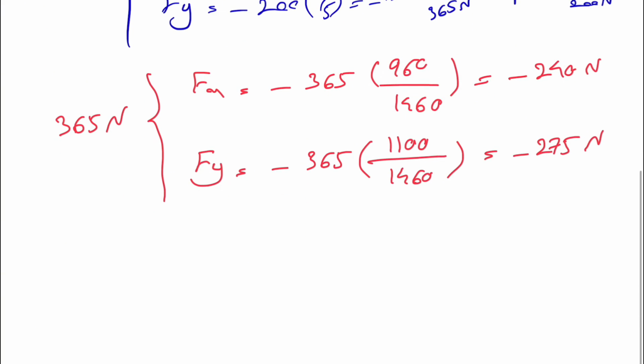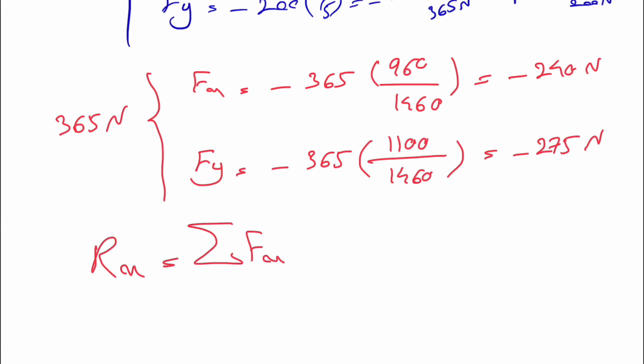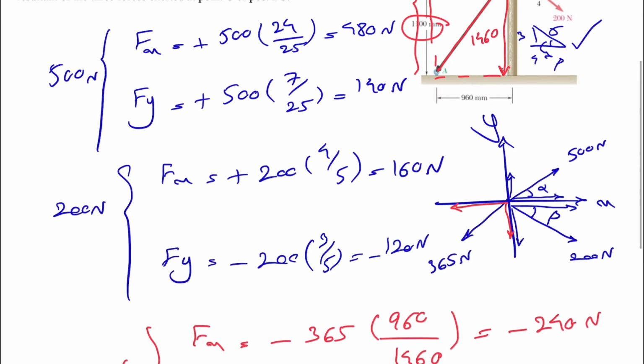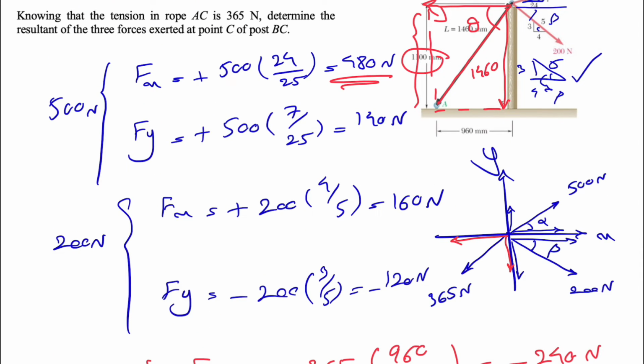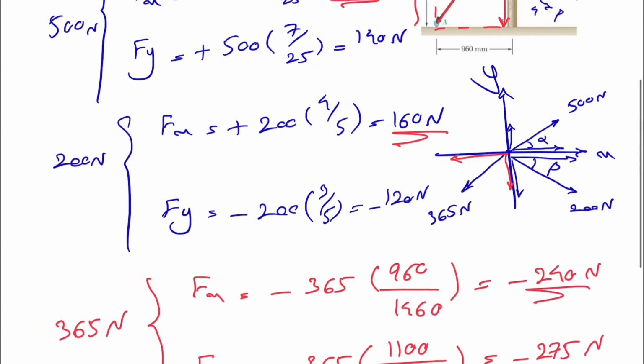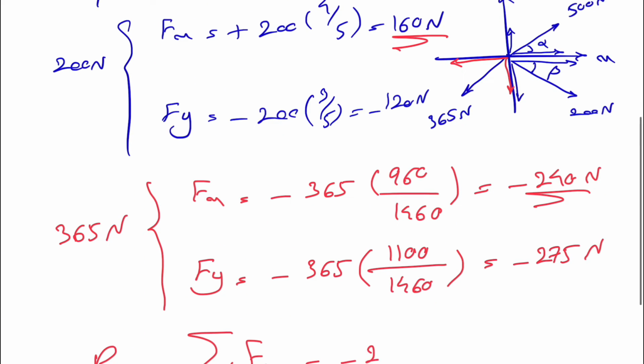For the last step, we have to find the x component of the resultant, which is the sum of all forces in the x direction. We take the x component of each one: minus 240 plus 160 plus 480, and this will be 400 Newton.